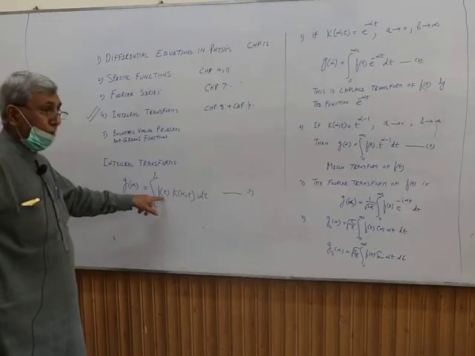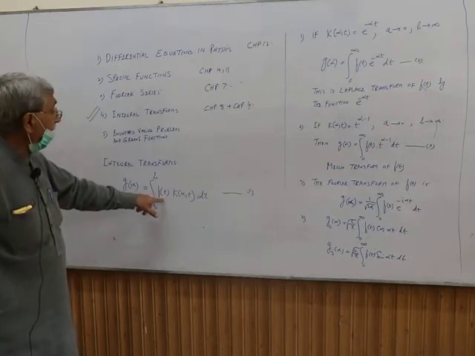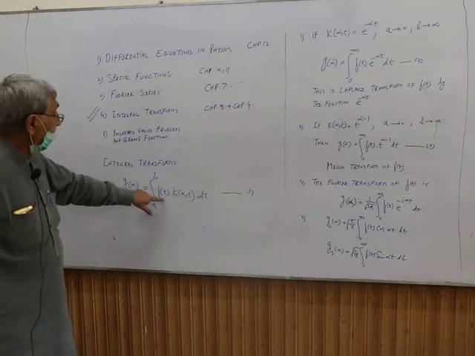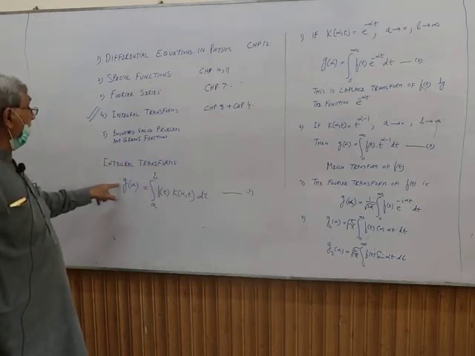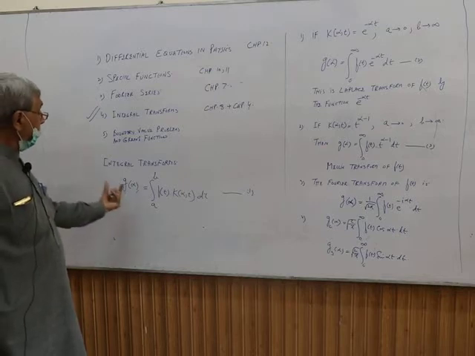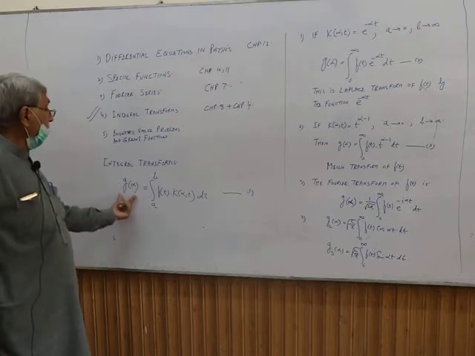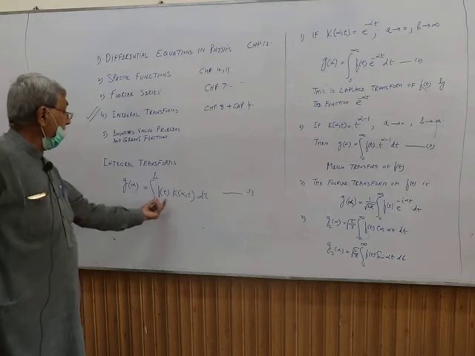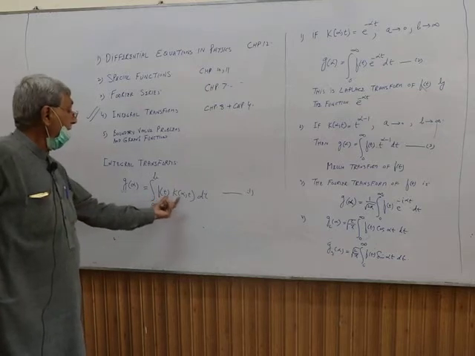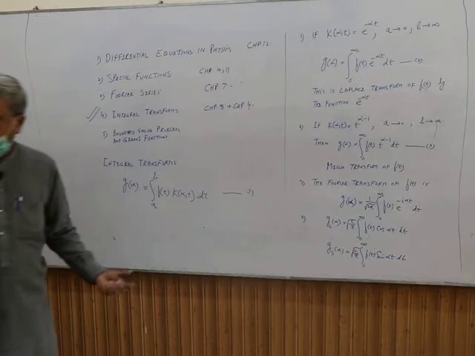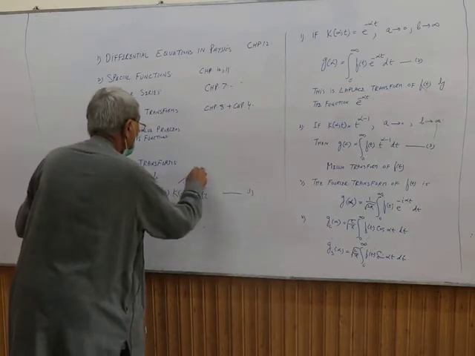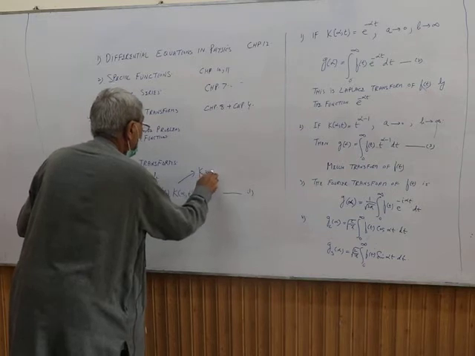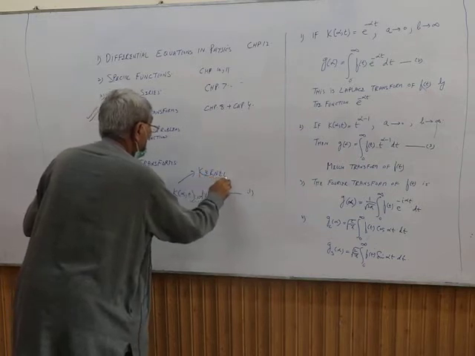This is given to us, and we are asked to transform f(t) into a function of a new variable, g(alpha). So g(alpha) is a new function, f(t) is the given function, and k(alpha, t) is known as the kernel function.